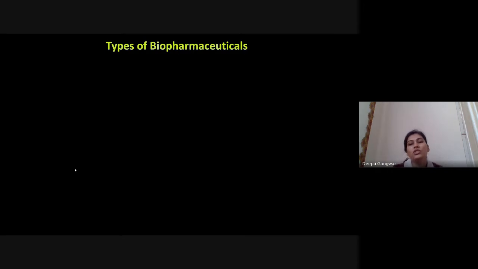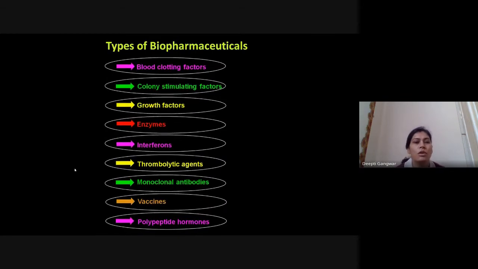So all of us who have prepared for medical entrance examinations would recall that there is an entire list of biopharmaceuticals, ranging from small clotting factors, growth factors. But what I typically am catering to is the two-star performers from this list, which are the monoclonal antibodies and your vaccines.